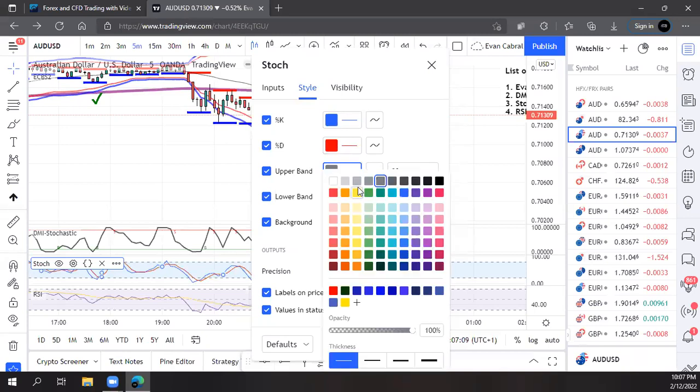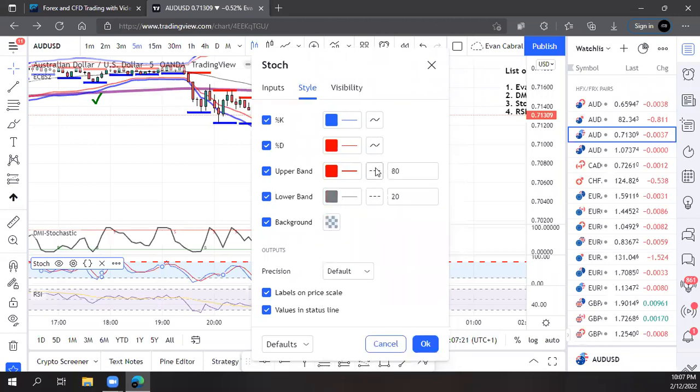I'm going to show you why we're doing that. So your overbought area, I want to make that area red. Then I want to make it thick. So here, where it has these lines, I can choose what lines. If I don't want a broken line, I'm just going to select line.